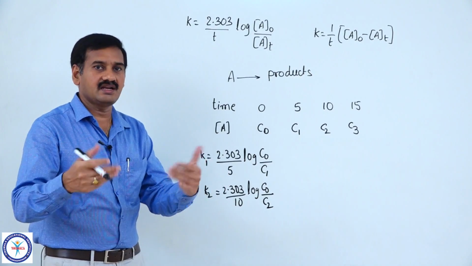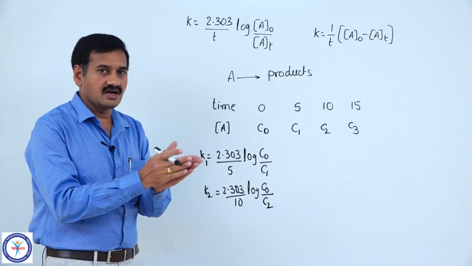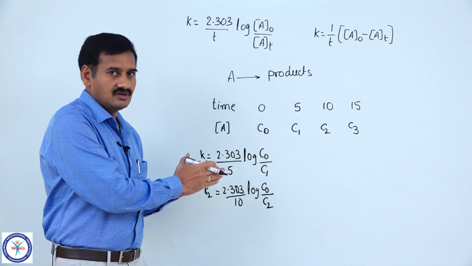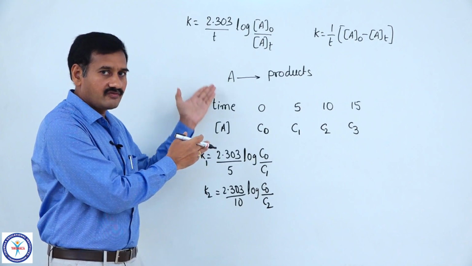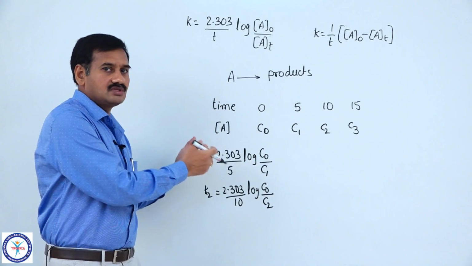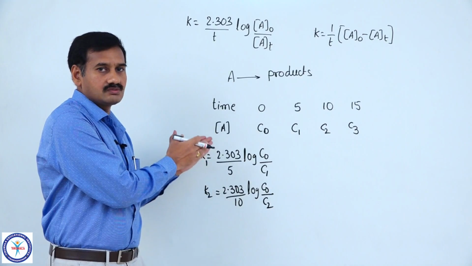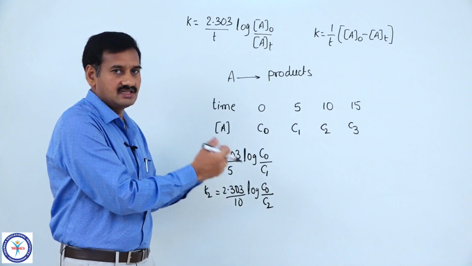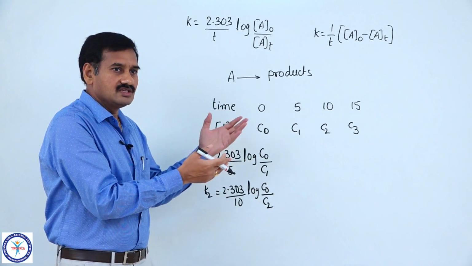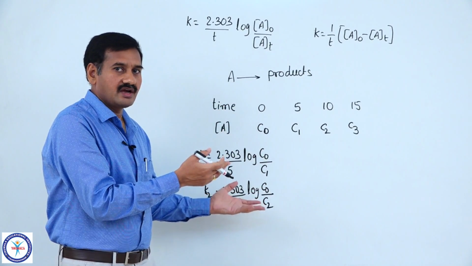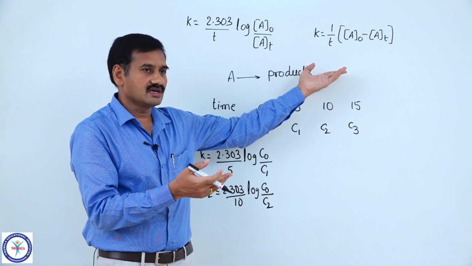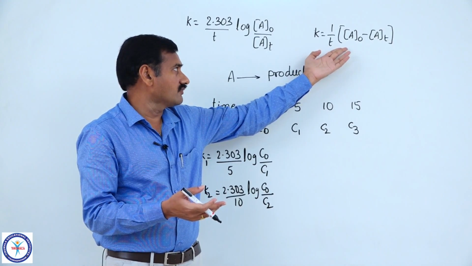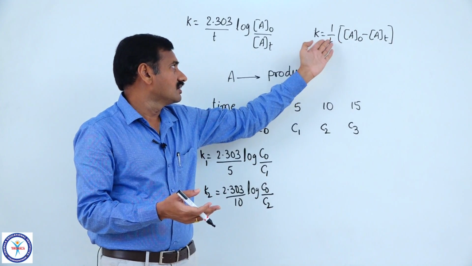Means it is a hit and trial method. You are substituting concentrations at different times, and we are getting K value using the equation of rate constant for a first order reaction. At all the times if K remains the same, that reaction is following first order kinetics, otherwise it is not. Then if it is not following first order kinetics, you have to go for another order, say 0 order reaction. Again substitute the values of A at different times.